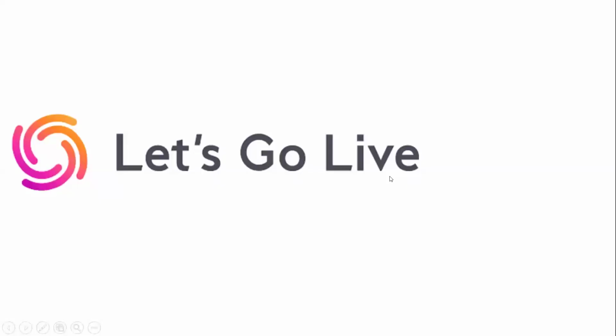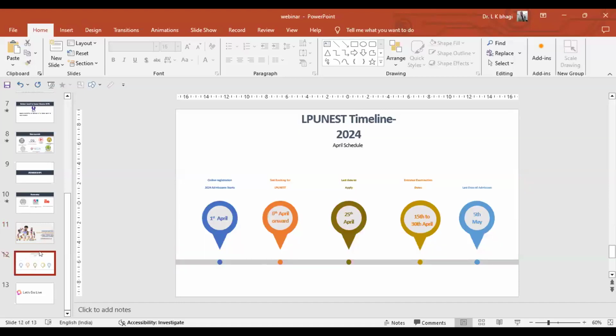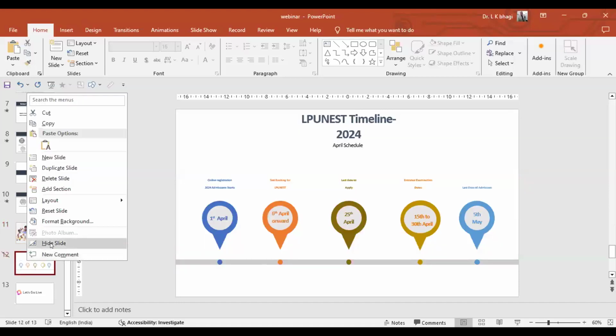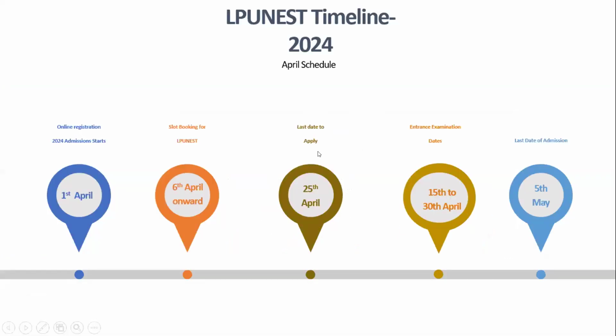And furthermore, if you go to check the timelines to apply for LP Nest, or to register at LPU, online registration has already started from the 1st of April for the April schedule.